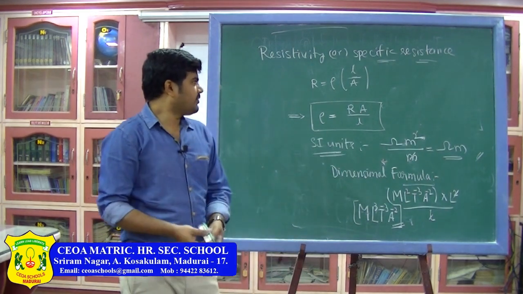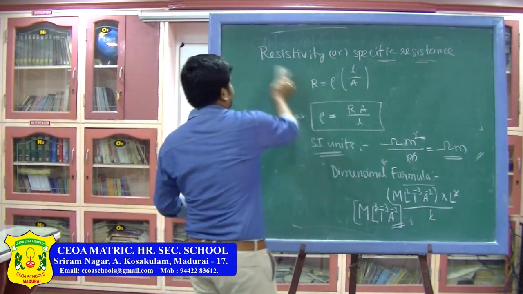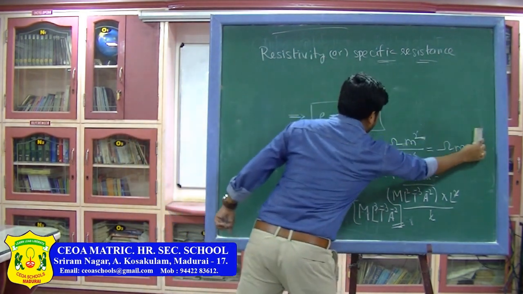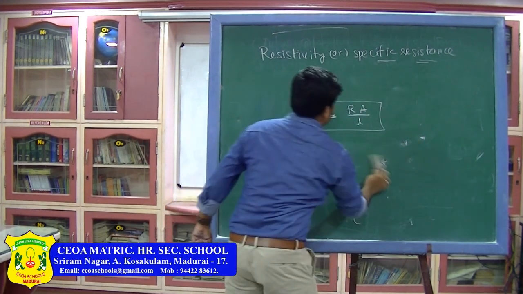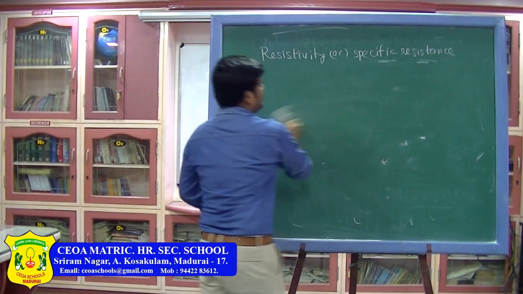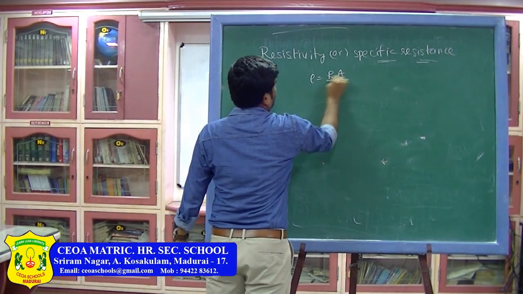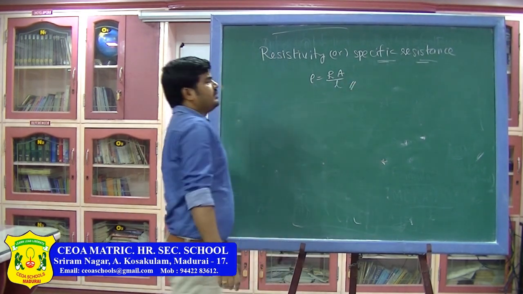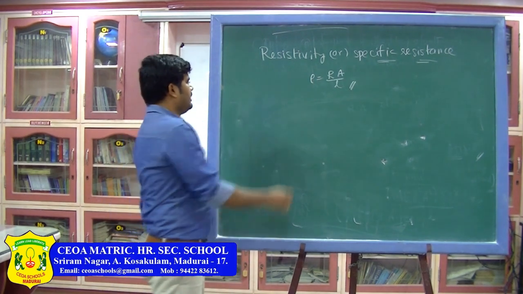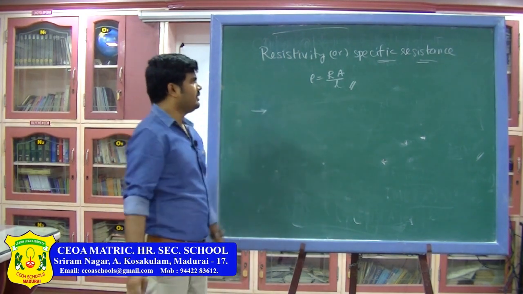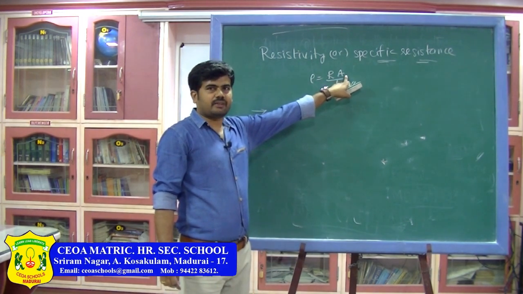Now, let us define what is electrical resistivity from this equation. So, rho is equal to R A by L, that is resistivity is equal to resistance into area by length. Electrical resistivity is defined as the resistance of a material having a unit area of cross section and unit length.